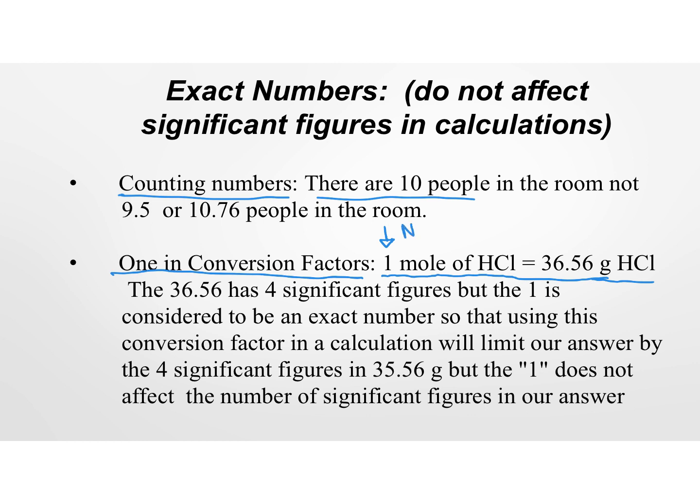So no sig fig counting. Now this part, the 36.56 grams, does that look like a measurement? Yeah. Okay, this would count for sig figs, okay? It's just the 1 in that conversion factor would not count for sig figs.